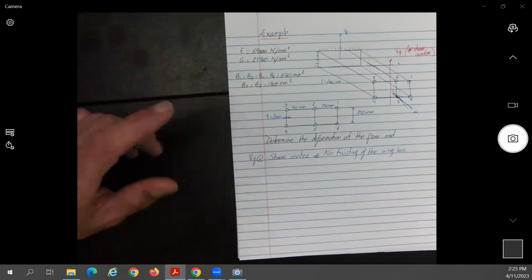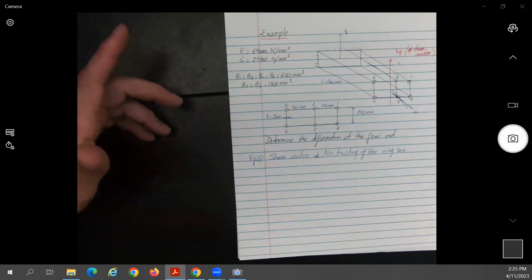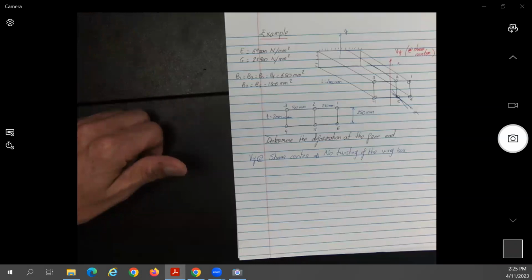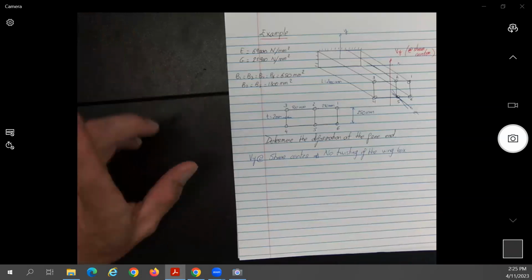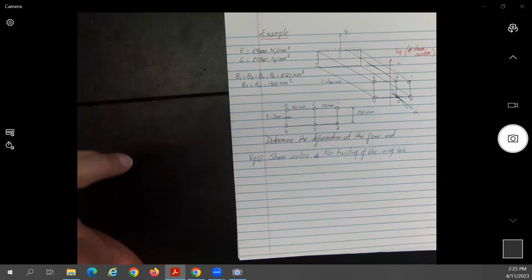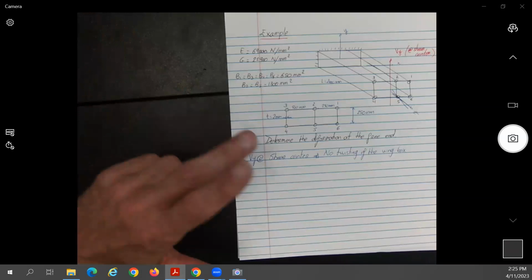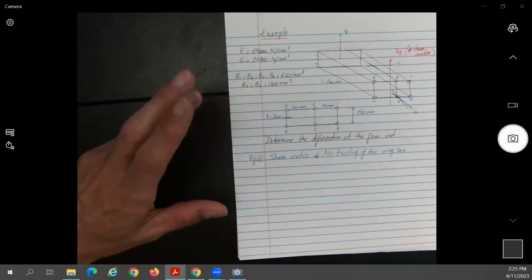In this case, this wing box will be subjected to what type of loads? We'd have axial energy or no? I see some people saying yes, some people saying no. Is it an axial force? No, okay. Now, is it a bending moment? Yes. Is it a torque? It's not torque because we say it's applied at the shear center. Will we have shears? Yes, okay.